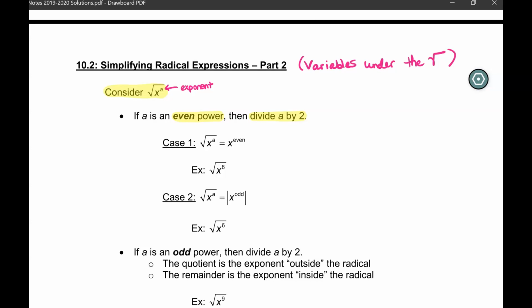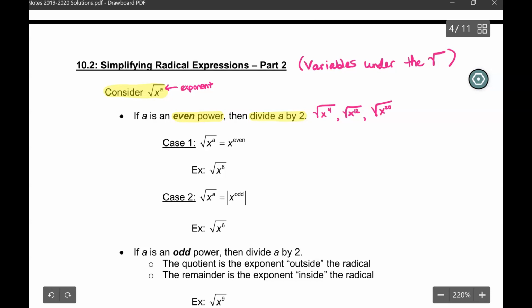That means, let's say, square root of x to the 4th or square root of x to the 12th, or x to the 20th, and so on. So there's 2 different cases. We're going to divide the exponent by 2.